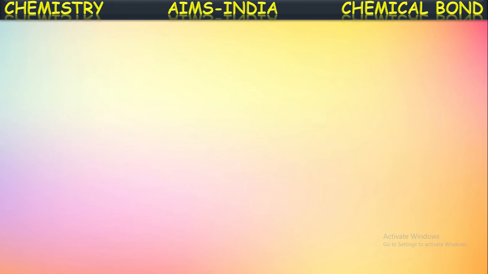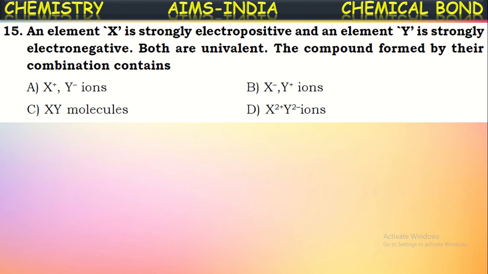Okay, next one. An element X is strongly electropositive and an element Y is strongly electronegative. Both are univalent. The compound formed by their combination contains. So X is strongly electropositive and it is mentioned here it is univalent.